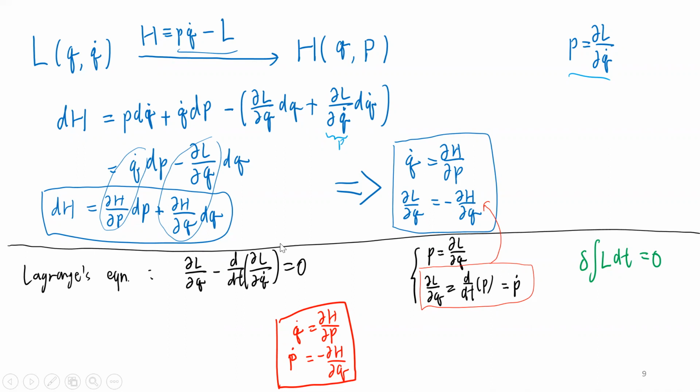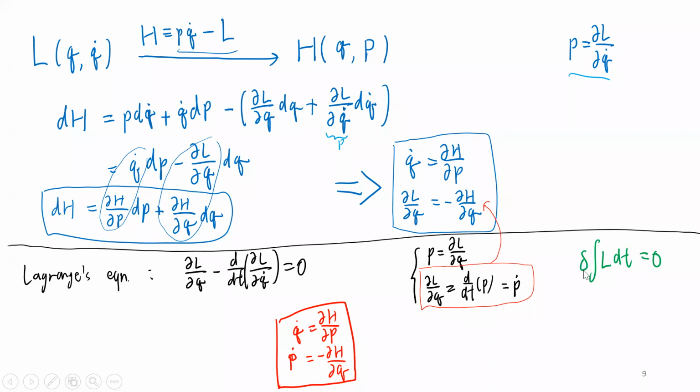Together with the Lagrange equations, finally we get to the pair of Hamilton's equations. So in these procedures, the Hamilton's equations are not directly obtained from the principle of least action.